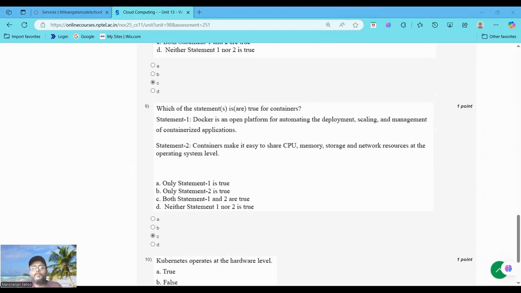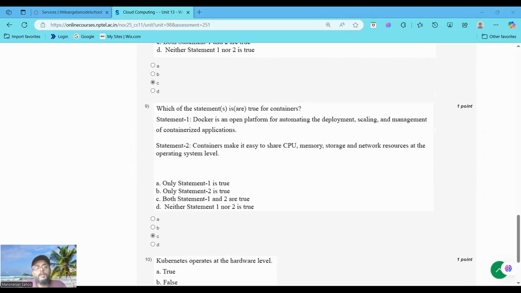Docker automates deployment and scaling of containerized applications, and containers share OS resources unlike VMs, which virtualize hardware. So both statements are true.